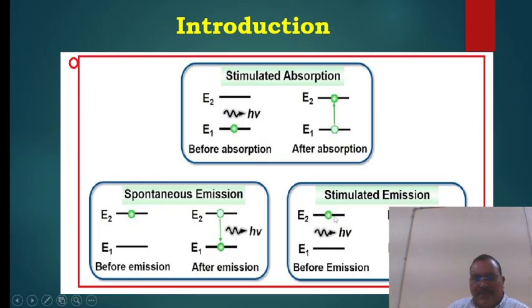The energy level of this atom again increases to another higher excited state, and this is the metastable and higher excited state, and the first excited state now has two photons absorbed by the atoms.